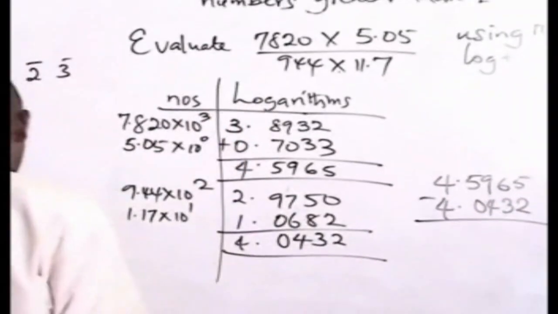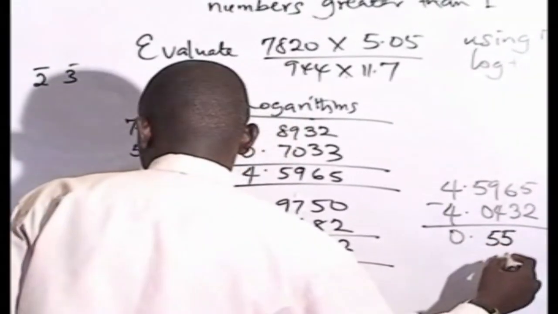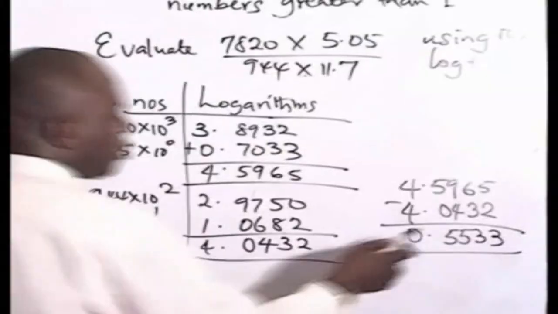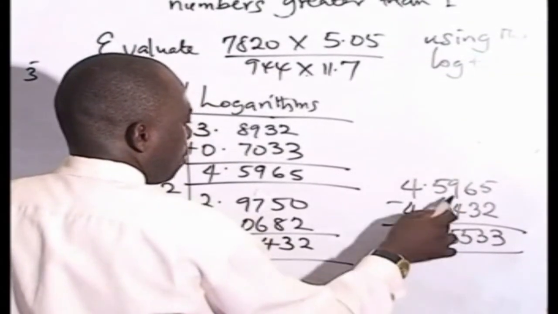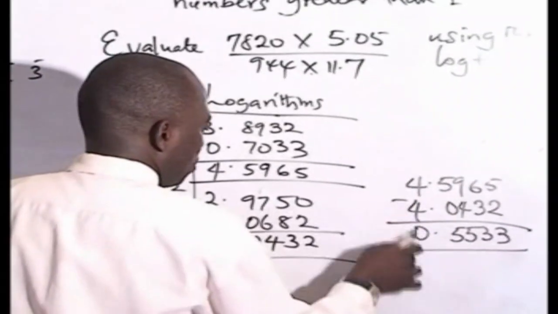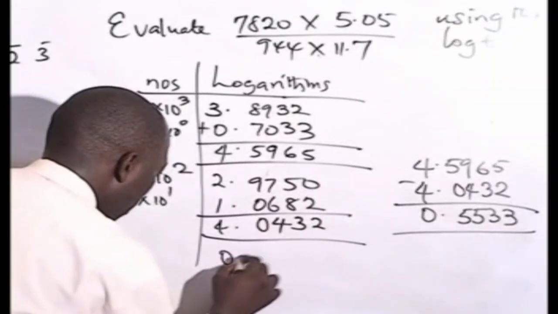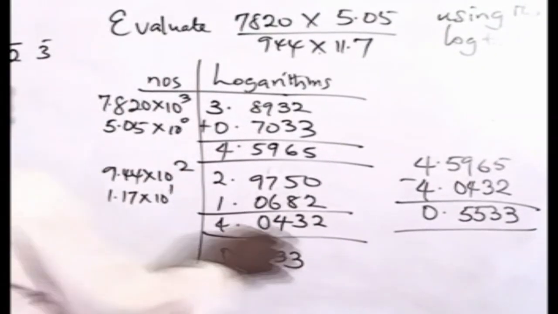Subtract the both of them, you will get 0.5533. How did we get this? 2 from 5, 3. 3 from 6, 3. 4 from 9, 5. And then 0 from 5, 5. 4 minus 4 gives you 0. So you come and write your answer here, 0.5533. But this is not your answer.